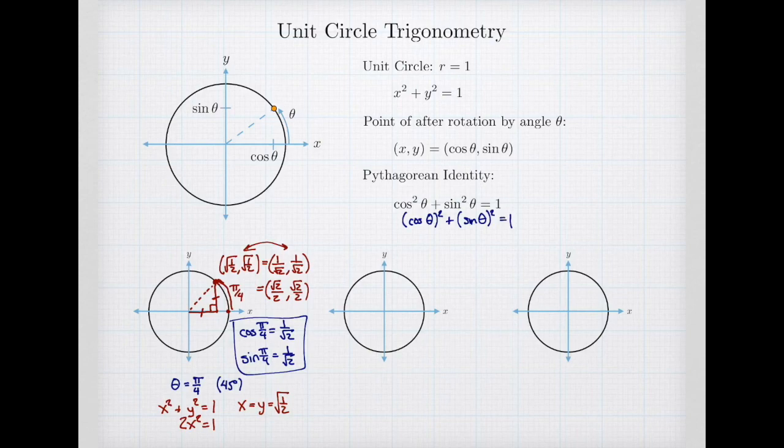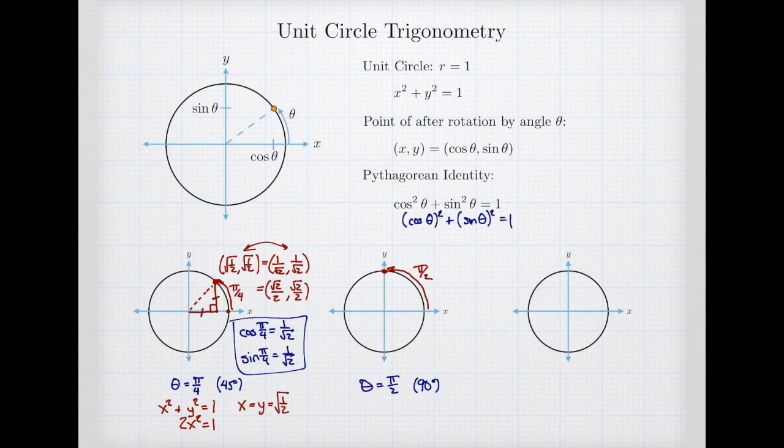Okay, the second one I want to focus on is the angle of 90 degrees. So that corresponds to pi over 2. 90 degrees corresponds to a point where I've traveled an angle of pi over 2.